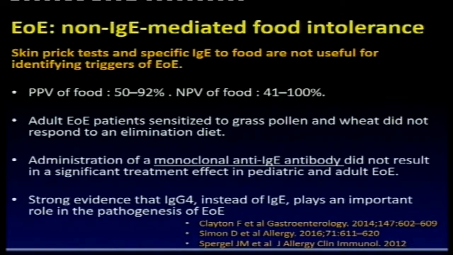Because the positive predictive value and negative predictive value are not great for skin test and specific IgE. And more interesting, they injected monoclonal anti-IgE antibodies and didn't see any response. And most recently, they found strong evidence that IgG4 instead of IgE plays a role in eosinophilic esophagitis. So I think there is strong evidence that eosinophilic esophagitis is non-IgE.